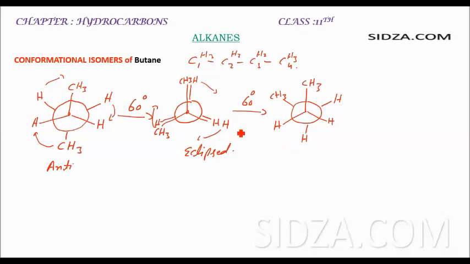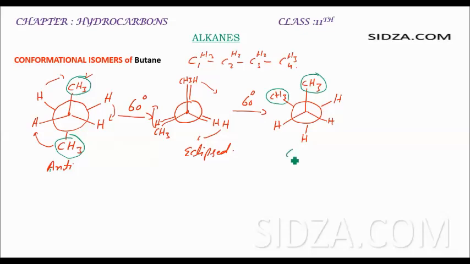Now this is not eclipsed, and this is not anti. We do not have the two methyl groups opposite, right? In the anti one, the two methyl groups are in opposite directions, at a 180 degree angle. Here in this one, this is eclipsing, but over here it is not eclipsed, and not anti.